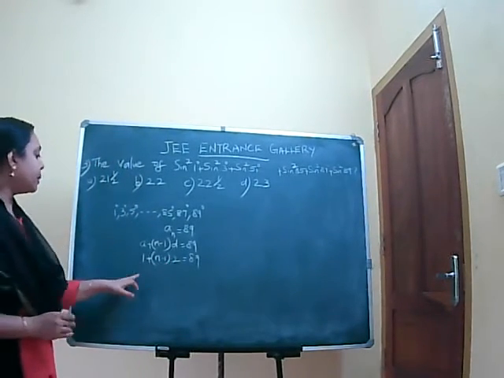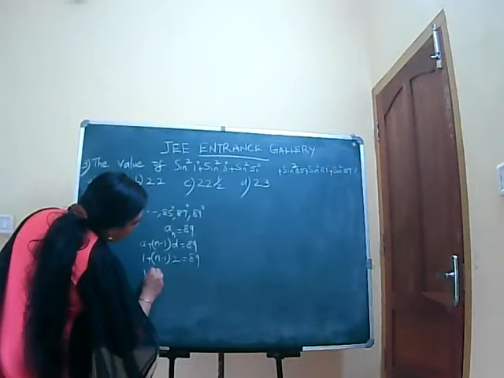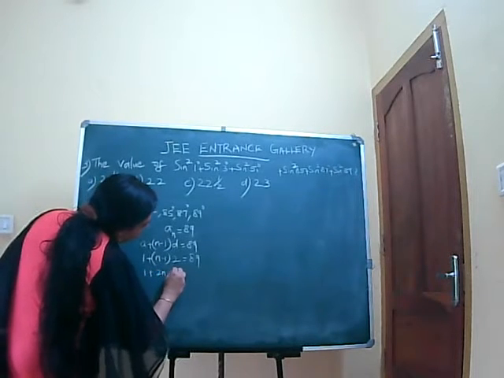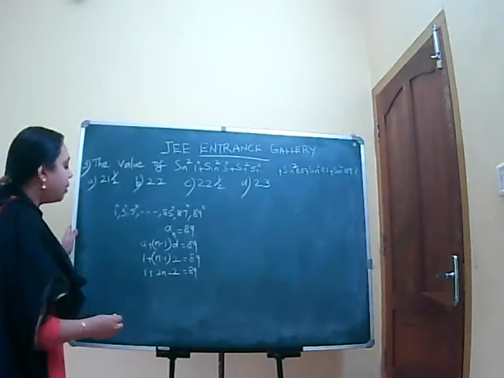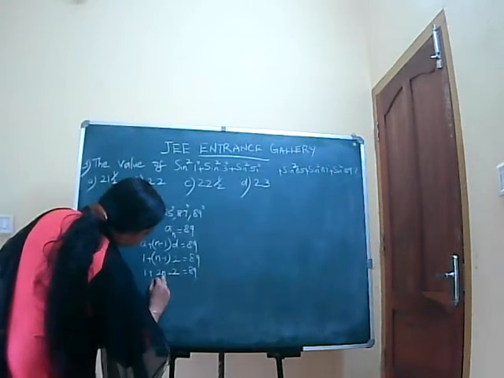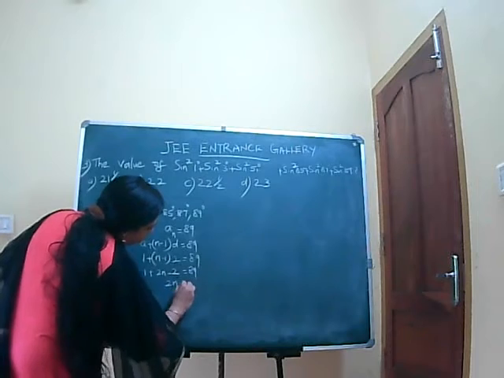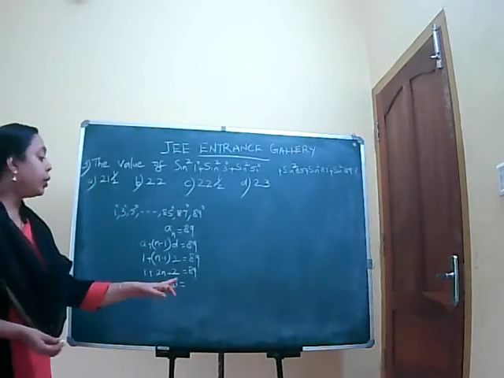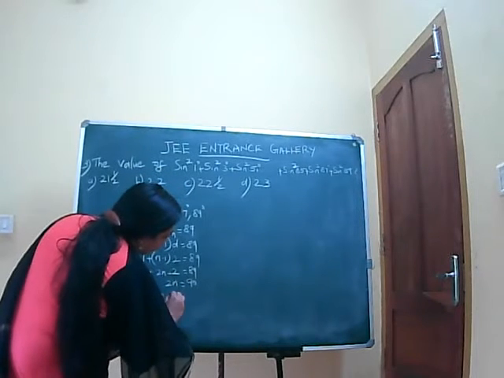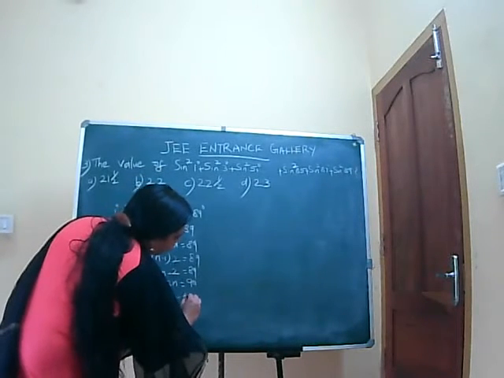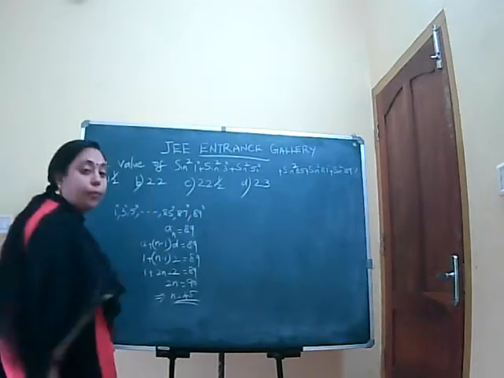Simplifying this expression, we get 1 plus 2n minus 2 is 89. From this we get 2n is 90, and from that n is equal to 45.